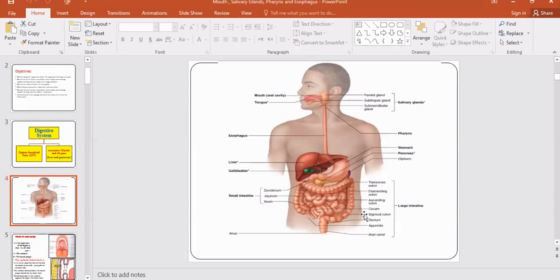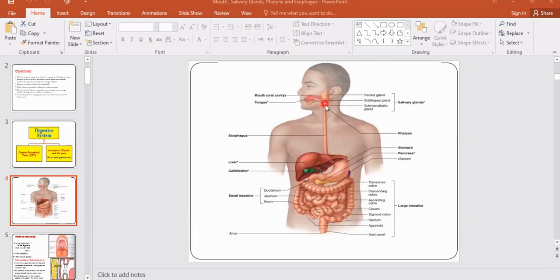Now this picture is showing you the oral cavity, which starts from here, through the mouth. Then we have salivary glands which help in the mastication process, when you chew your food.